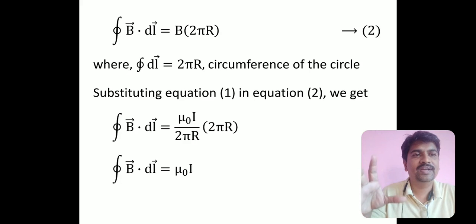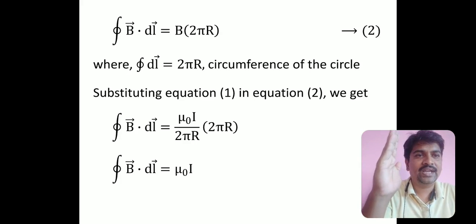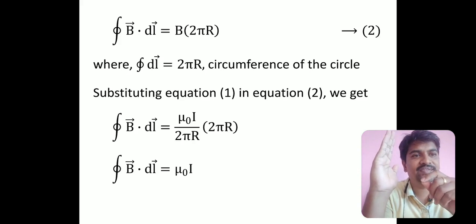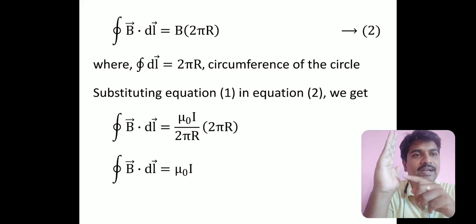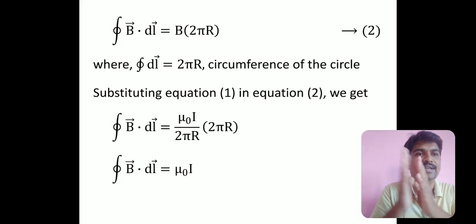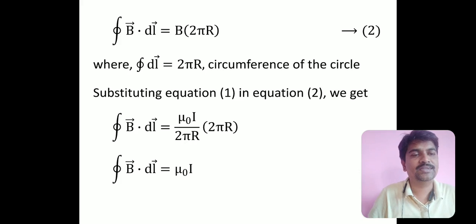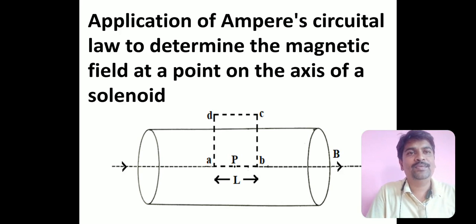I derived this by considering a straight conductor and by knowing the magnetic field at some point P at a distance of r from the conductor, and that equation is mu naught I by 2 pi r, which I derived in my previous video using Biot-Savart's law. Let me move further.